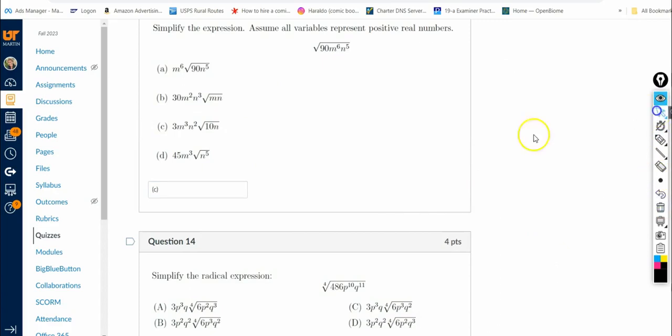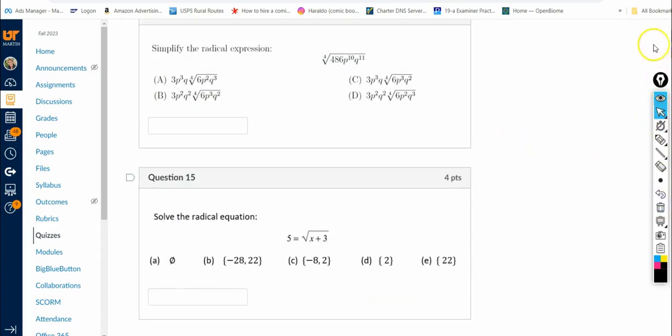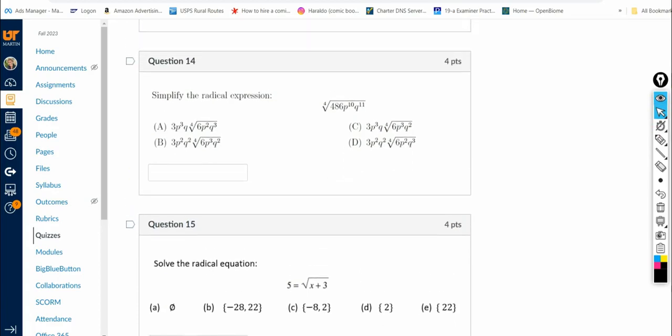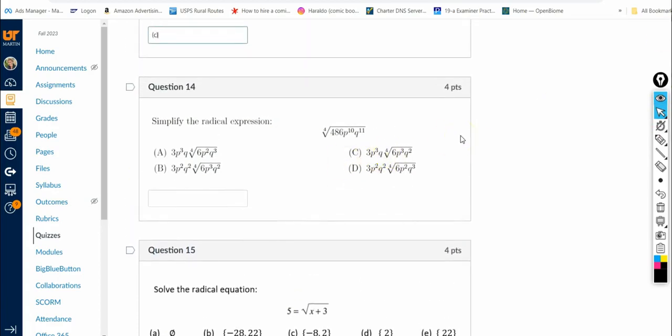Okay, let's keep going. Now let me come up here. And I'm going to have the 4th root of 486 times the 4th root of p to the 10, my bad, times the 4th root of q to the 11.